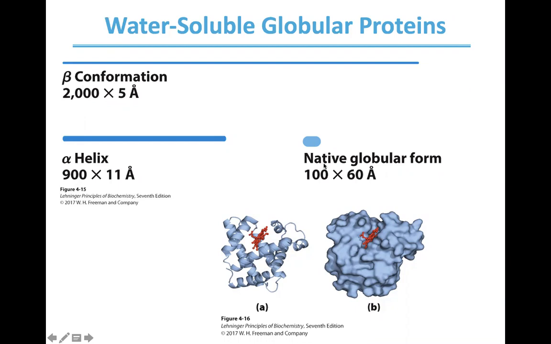But if it adopts this native globular form, where basically you have these alpha helices, now there are random coils between the alpha helices. Is this a beta sheet?